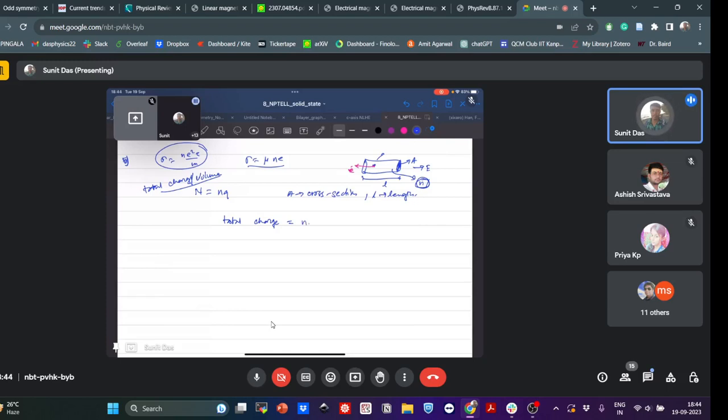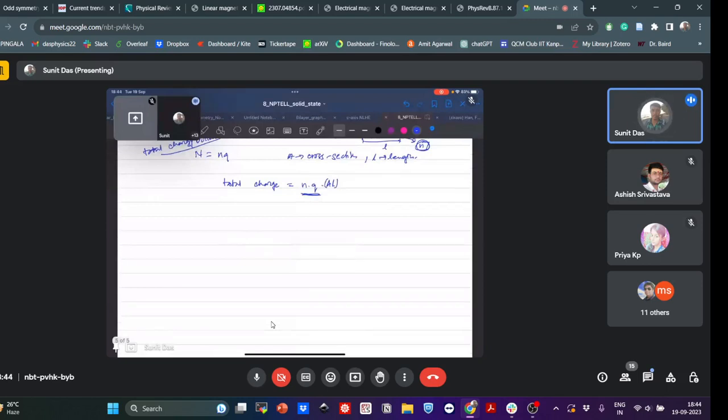Carrier concentration n into charge q gives the total charge per unit volume, and we just multiply by the volume, A into L. This becomes the total charge. Now what will be the total current? Total current I is total charge by time, so n q A L by t.